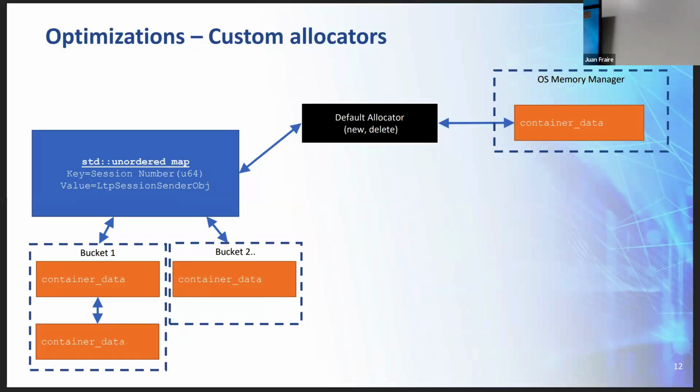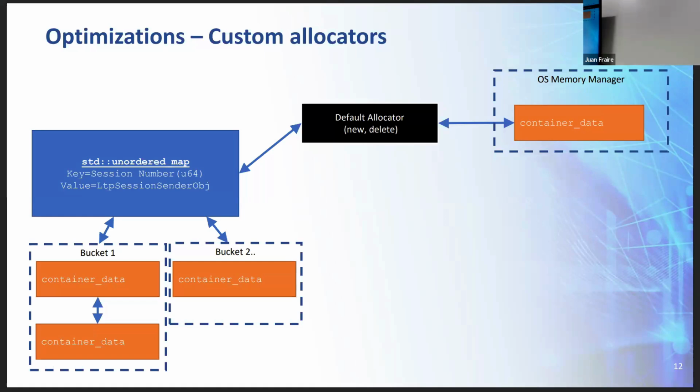Another thing I want to talk about in this presentation is some optimizations that we did with our LTP implementation. One thing that we looked into and found very beneficial is the idea of custom allocators.